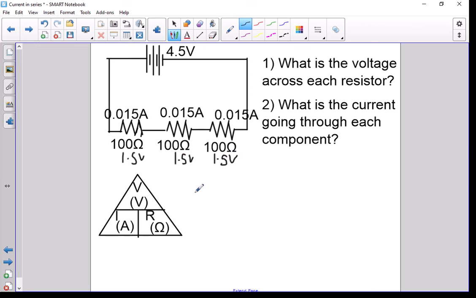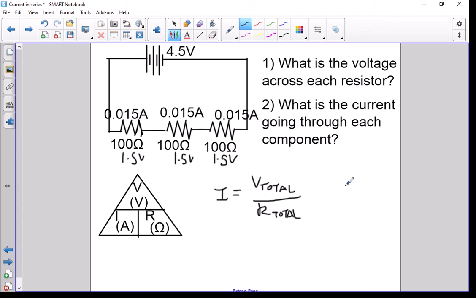In a loop, so in series, the current is going to be the same, and that current will be equal to the total potential difference across the components over the total resistance.